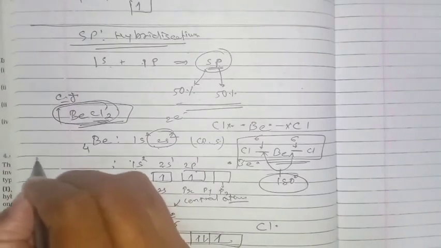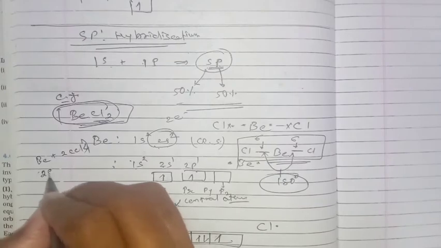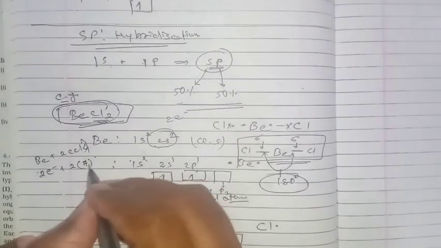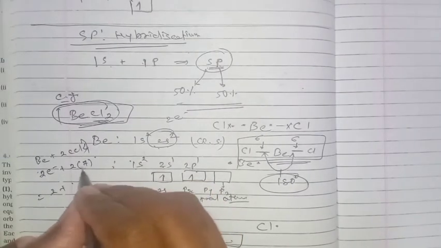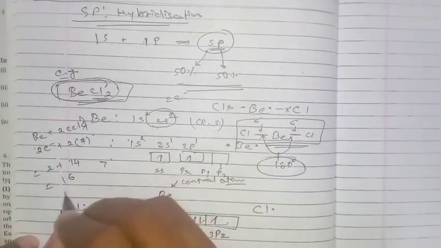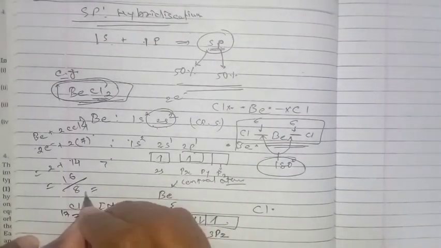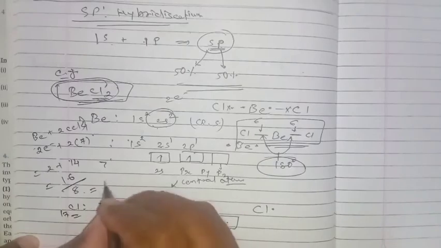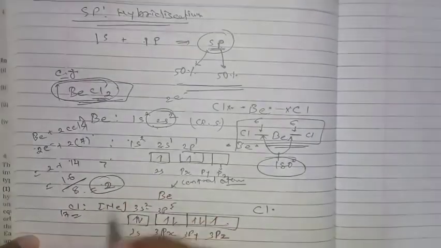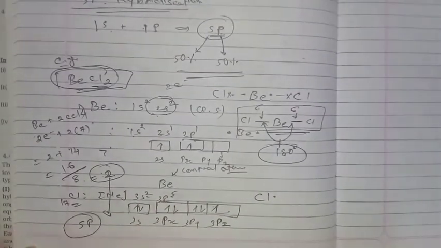That means Be plus 2Cl: Be has 2 electrons and chlorine has 7 each, so 2 plus 14, that means 16 electrons. It is greater than 8, so we have to divide it by 8. 16 divided by 8 is equal to 2. The total number is 2, which means our hybridization is sp hybridization.